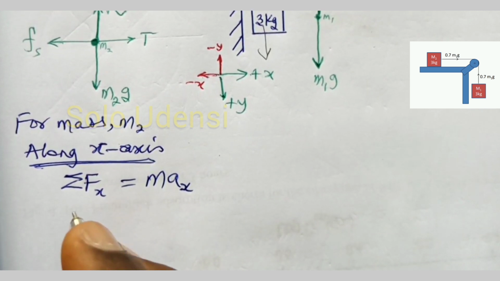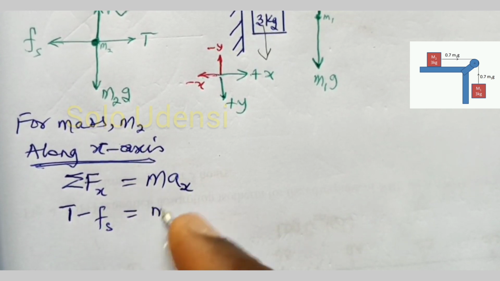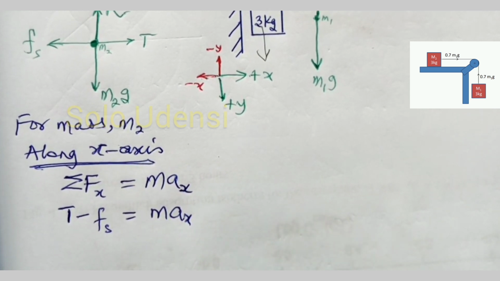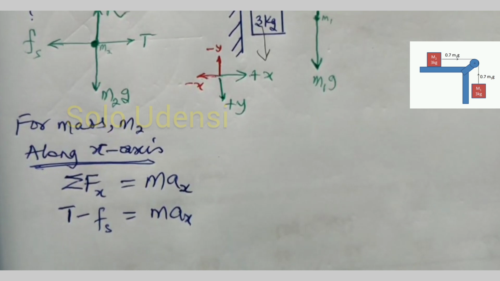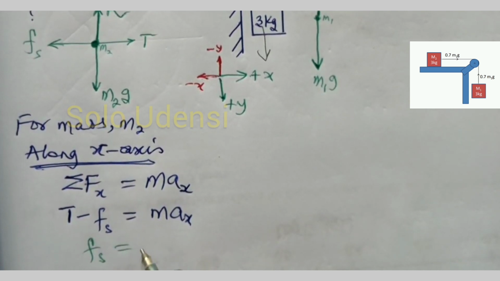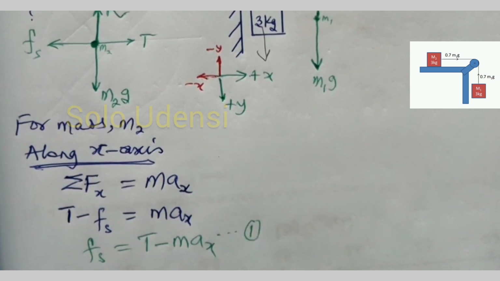So we have T minus Fs is equal to m2 ax. So we see from here that Fs is equal to T minus m2 ax. Let's call this equation 1.